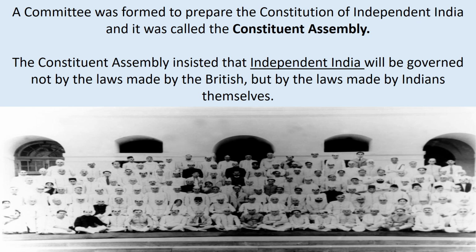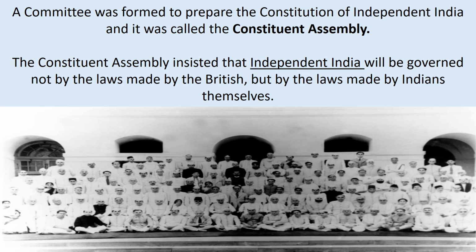If you can see the picture, it covers all the people who were there in that committee, who were there in the Constituent Assembly. Now, can you tell me who were these people? Were they Britishers or were they Indians? Yes, absolutely correct.